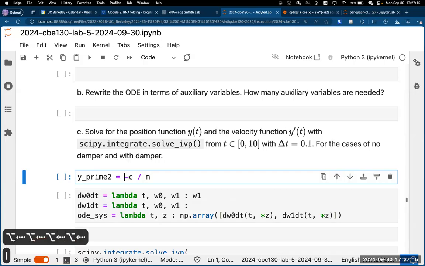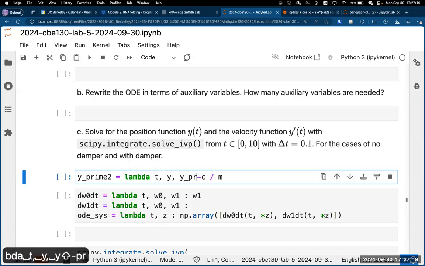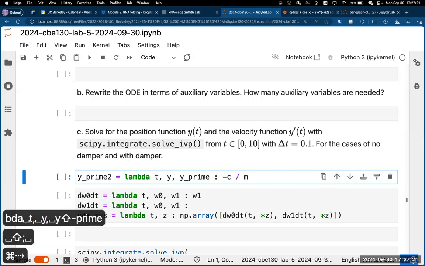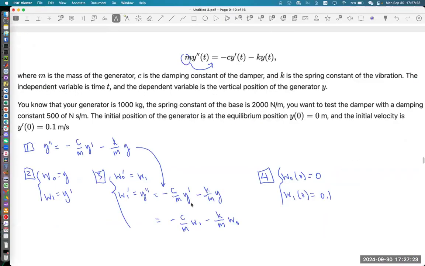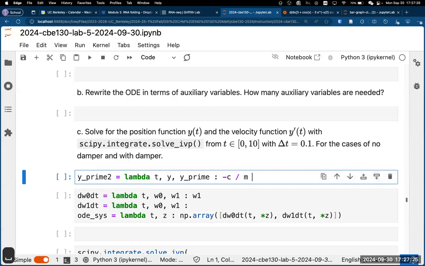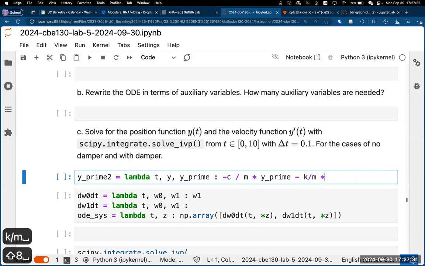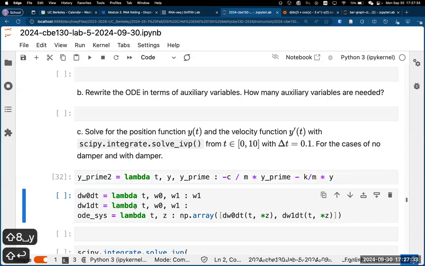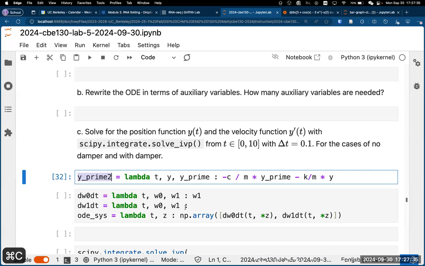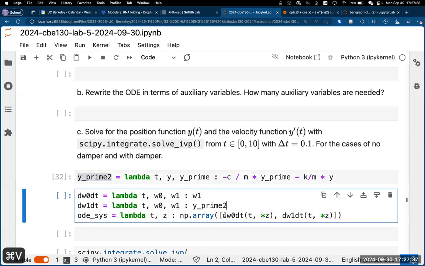So it should be a function: lambda of t, y, y prime is minus c divided by m times y prime minus k divided by m times y. So you can evaluate dW1/dt with y double prime. So that should be t, W0, W1.